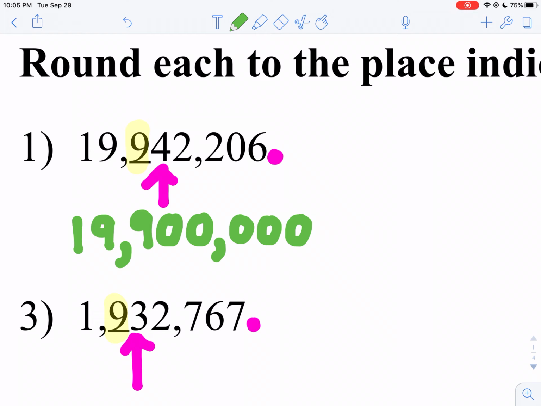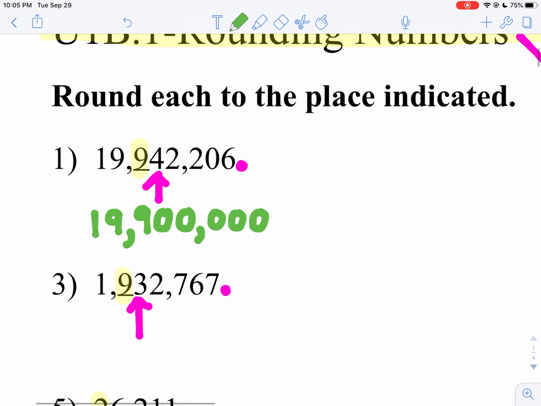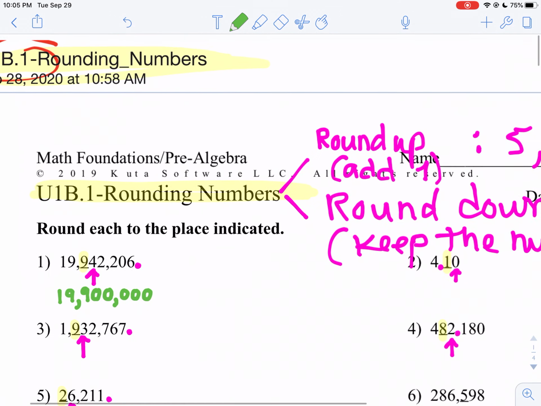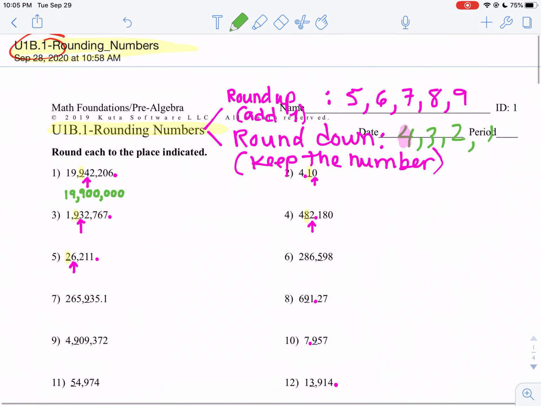Let's do number 3. So number 3, the underlying number is also a 9, and the number to the right is a 3. So if you look at your rules, the 3 is right here, okay? And so you have to round it down. So again, keep the 9, okay?